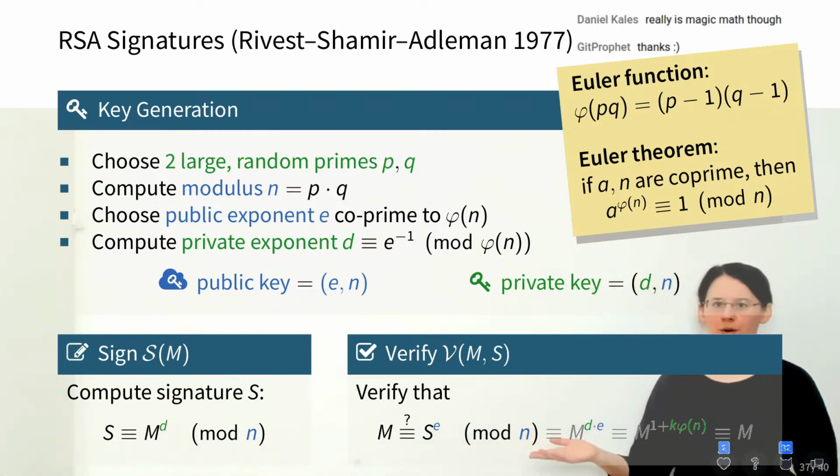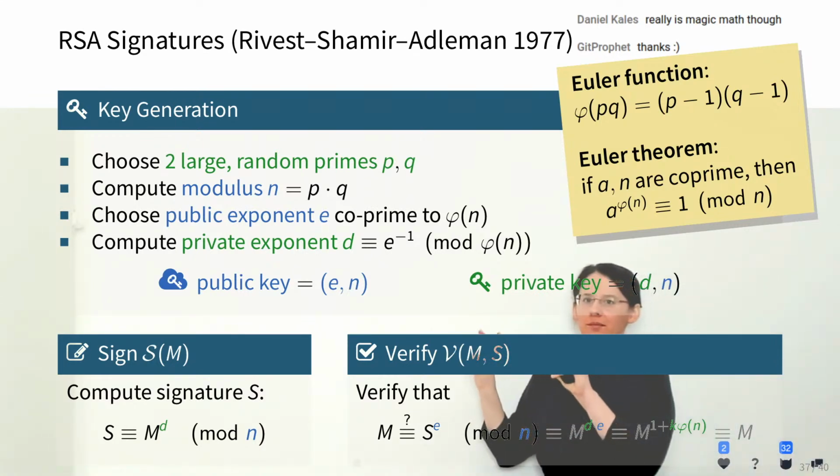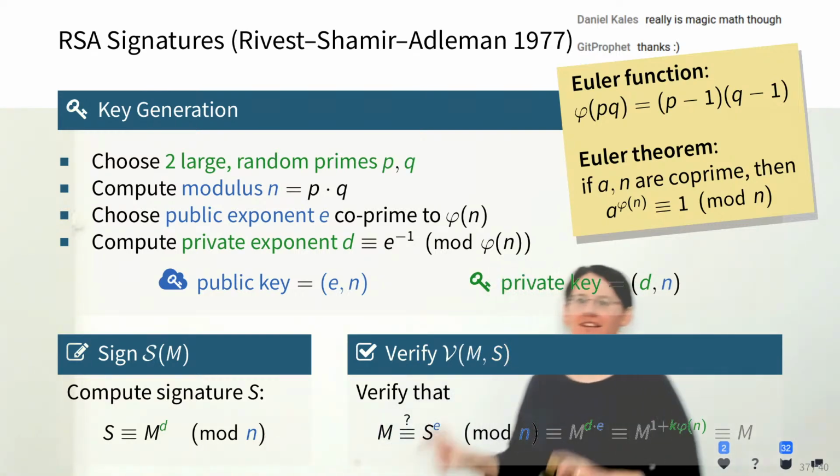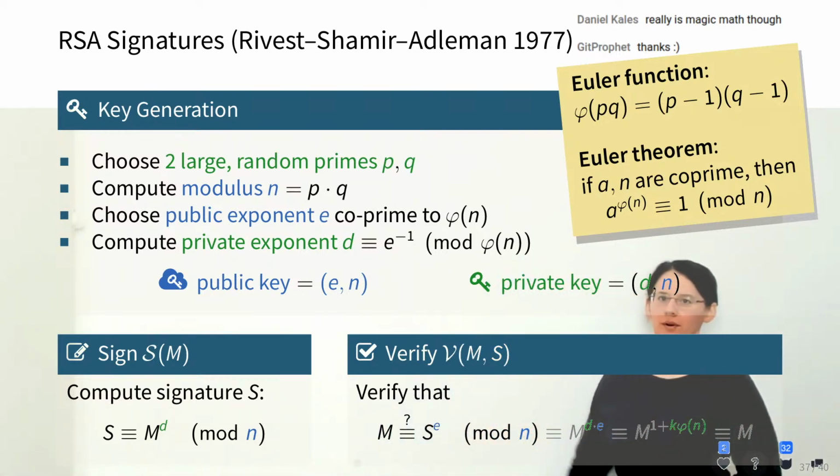The reason why this works functionally is exactly the same as for RSA encryption. You simply decrypt your message to sign it and encrypt your signature to verify it.